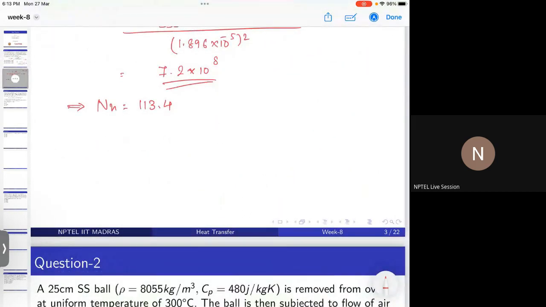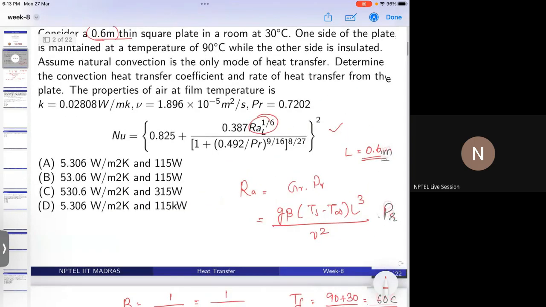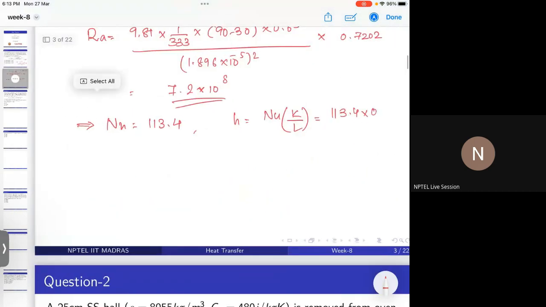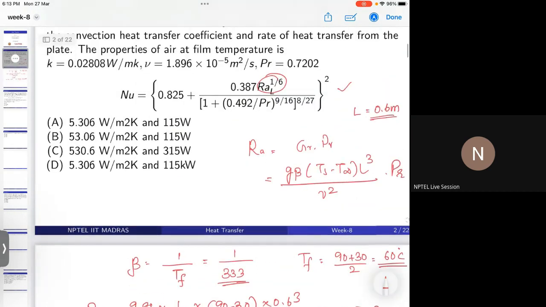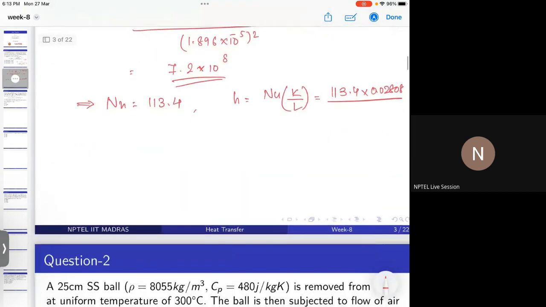Okay. So now as we have the Nusselt number, we can find out h, which is equal to Nusselt number times k by L, which is 113.4 times k. k is how much? 0.02808 divided by L, that is 0.6.